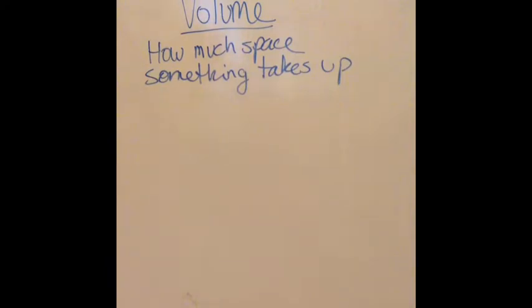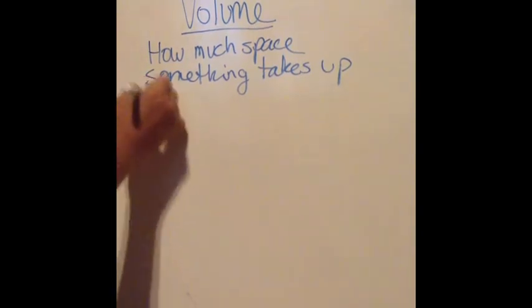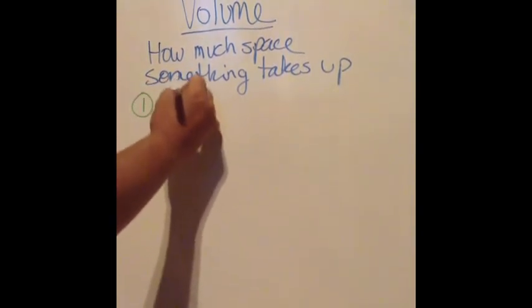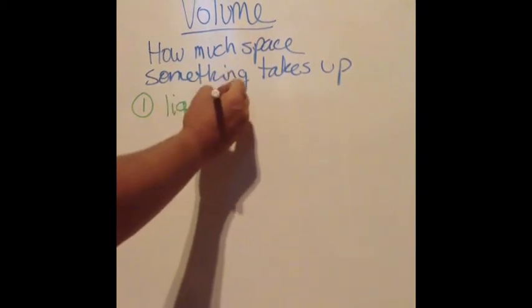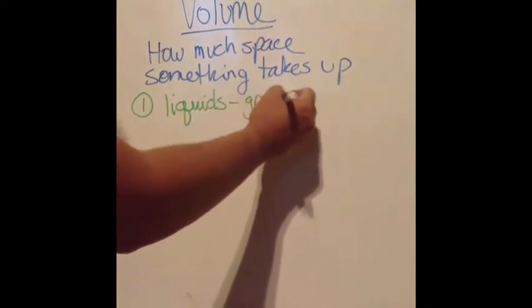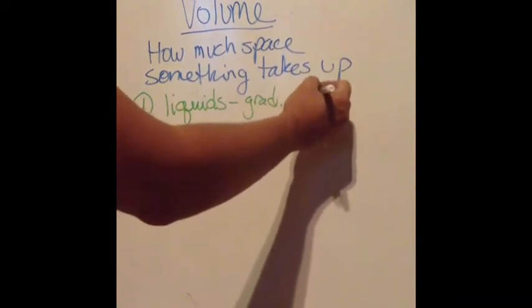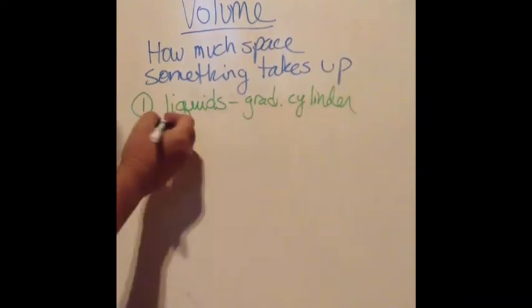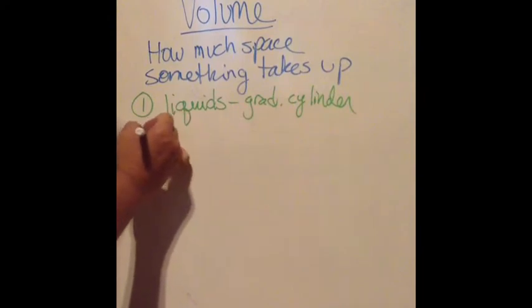Now in class, you're going to be measuring the volume of liquids and solids. And measuring the volume of liquids is probably the easiest thing. When you measure the volume of a liquid, you can just use a graduated cylinder. Remember those things we used last week?